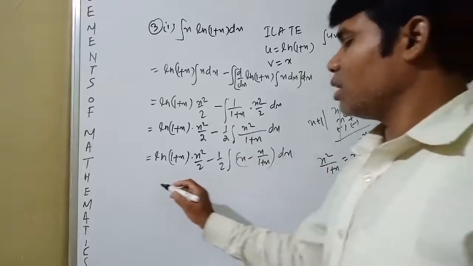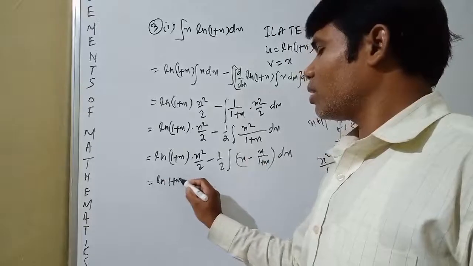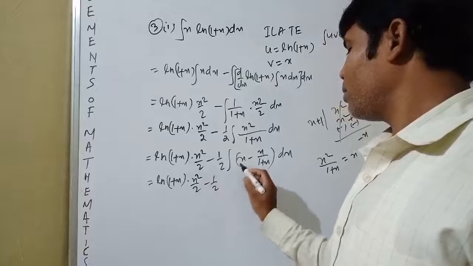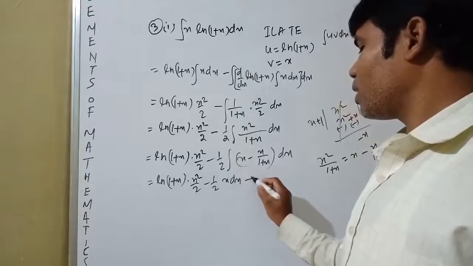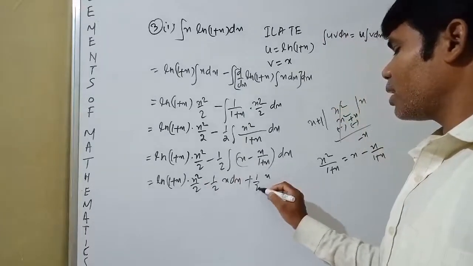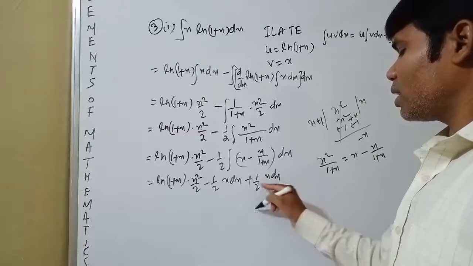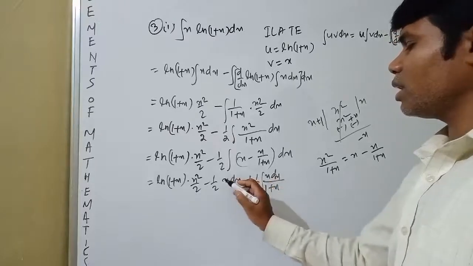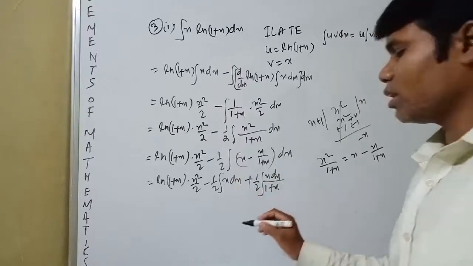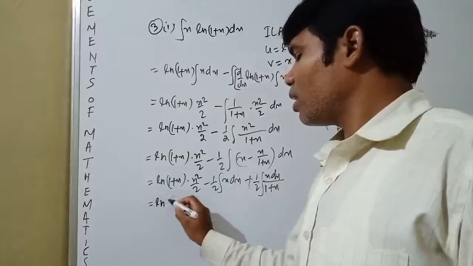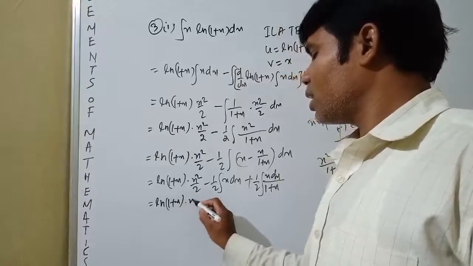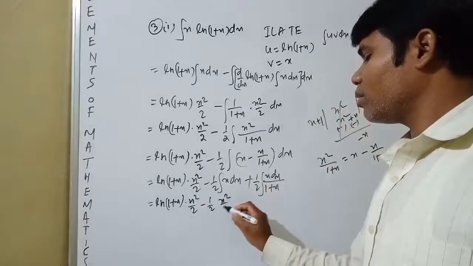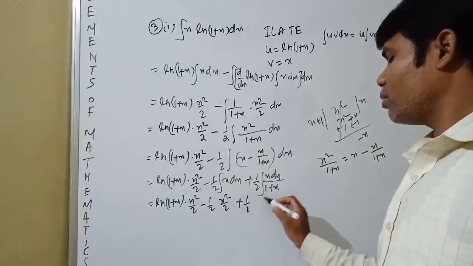This is equal to ln(1 plus x) times x square by 2, minus half integration of x dx, plus half integration of x by (1 plus x) dx. Here integration, here also integration. You can get ln(1 plus x) times x square by 2, minus half of x square by 2, plus 1 by 2.